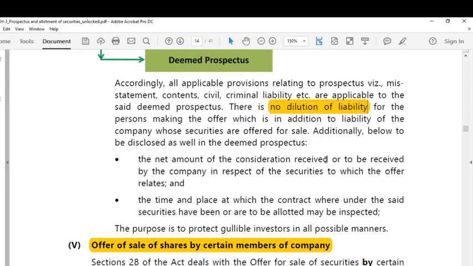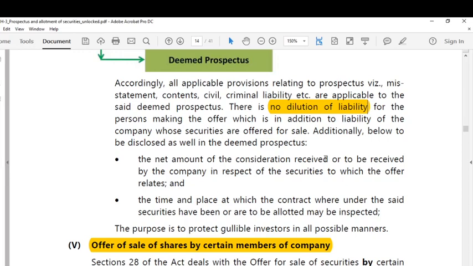So you know that there is a liability to a company in case of a misstatement or in case of contravention to the provisions of prospectus, which is ranging from 50,000 rupees to 3 lakhs. And there is also an imprisonment punishment to the persons who are behind issue of such a prospectus in contravention to the provisions of the act.